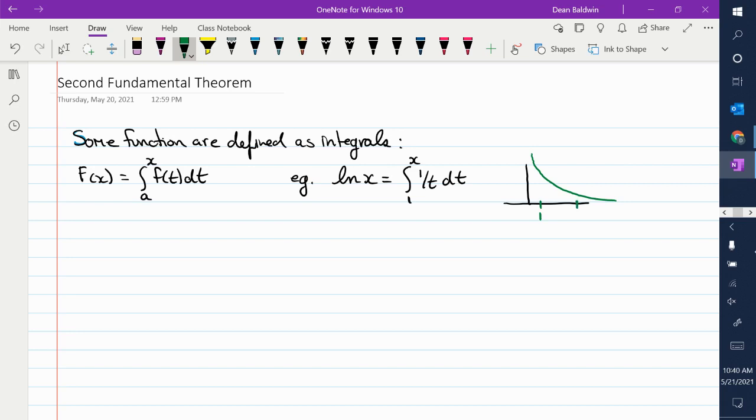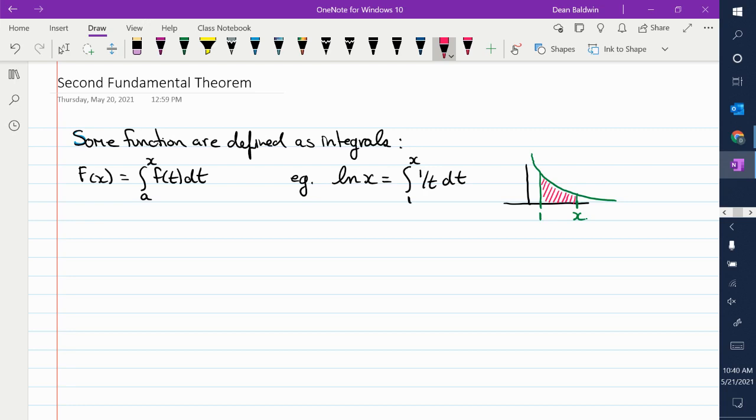There's 1. That's going to be our x. That area in red is the natural log. That area represents the natural log of whatever number.